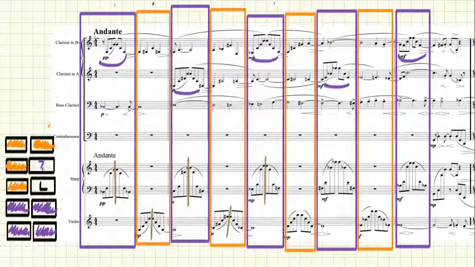Now we can count them. We have 1, 2, 3, 4, 5 violet and 4 orange fragments. And as we already have 4 orange fragments there, and we just have 4 violet fragments, we can be quite sure, quite confident at least, that this will be a violet fragment as well. So this is the first step.